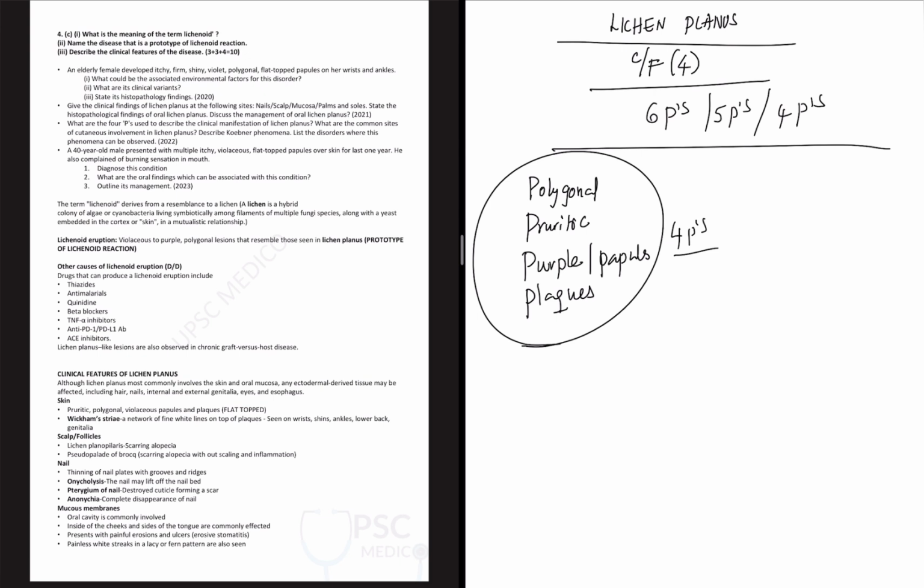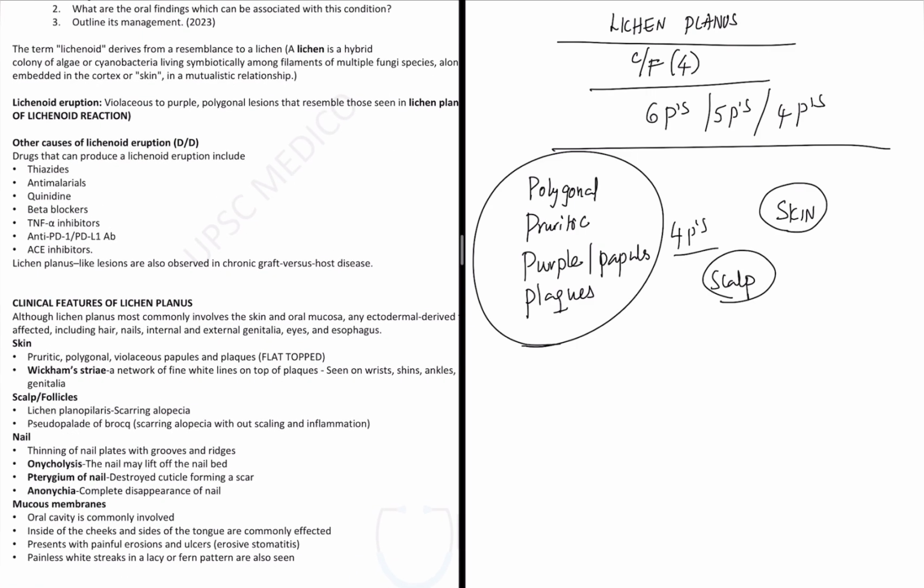Now apart from this, when they ask you about clinical features, not only skin is affected. Yes, there are lichenoid lesions on the skin, but it also affects the scalp. On the scalp, the condition is known as lichen planopilaris. So one of the causes of scarring alopecia is this.